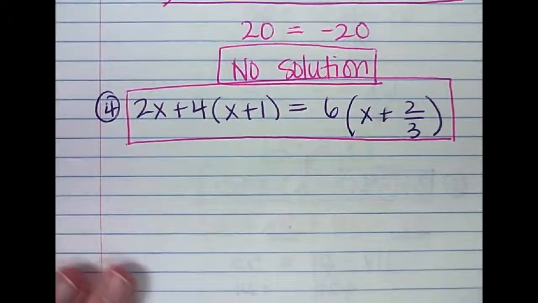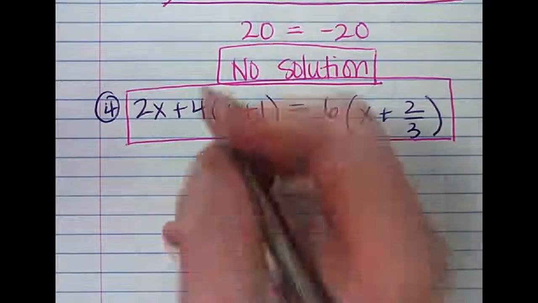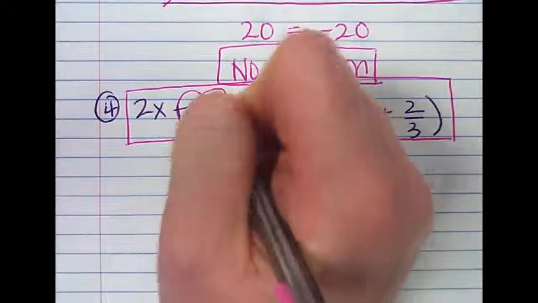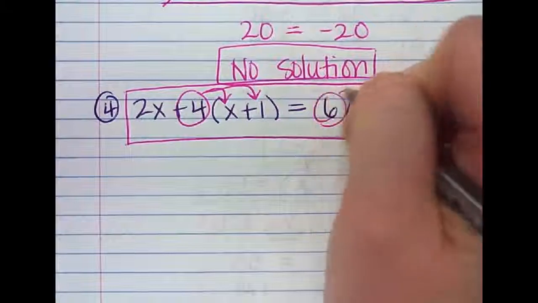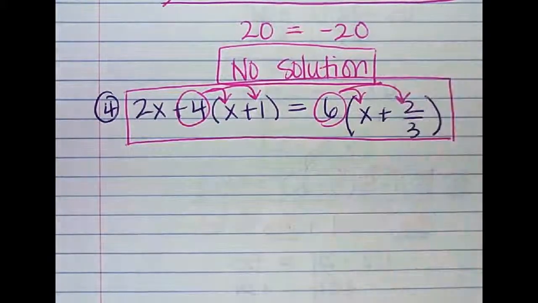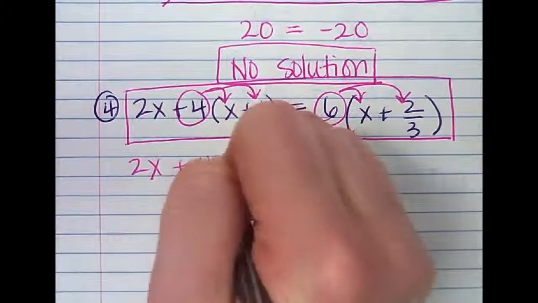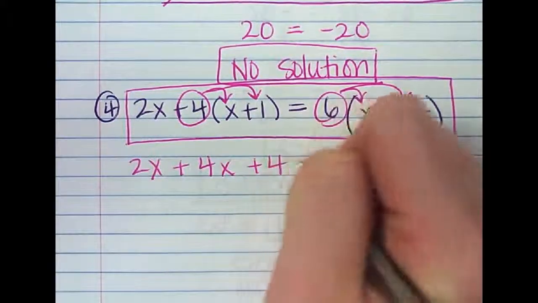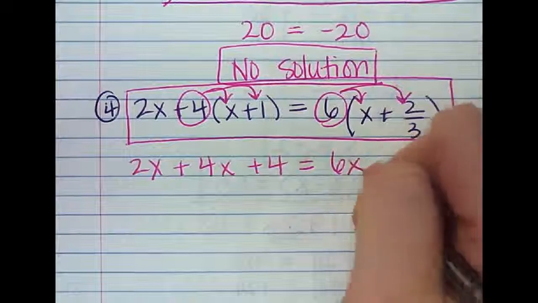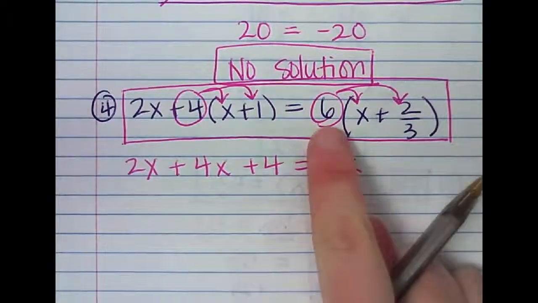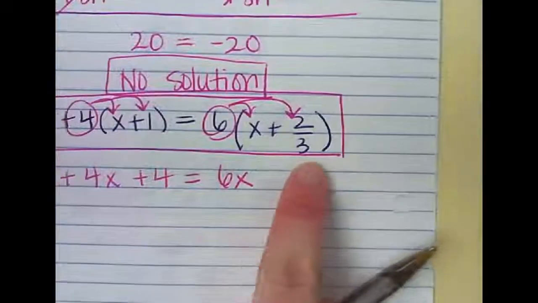Okay, so we can distribute on both sides here. So I'm going to distribute this 4 and also this 6. So 2x plus 4x plus 4 equals 6x. If you're having trouble doing 6 times 2/3, I'll show you what I do.